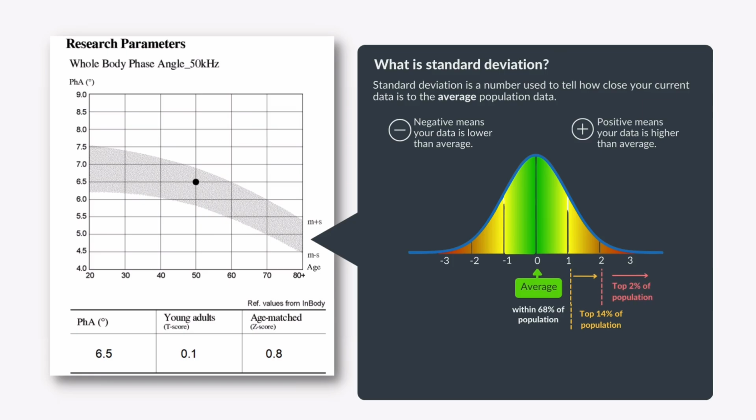If it is between 2 and 3, you are in the top 2% of the population. Conversely, if it is between -1 and -2, you are roughly in the bottom 14% of the population. If it is between -2 and -3, you are in the bottom 2% of the population.